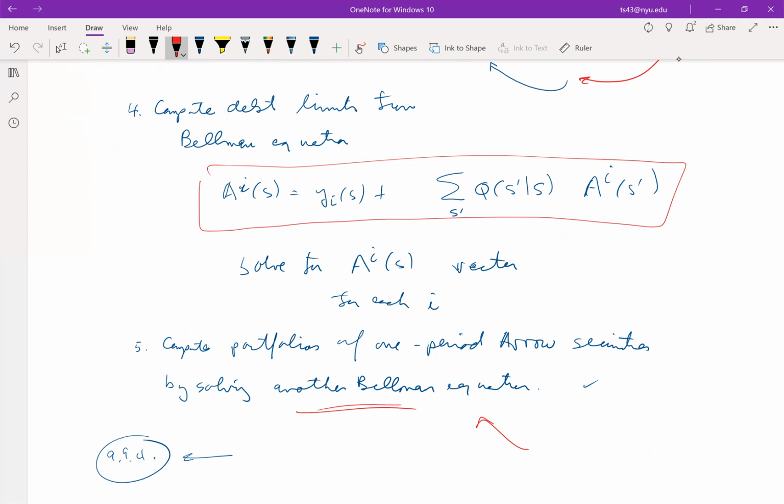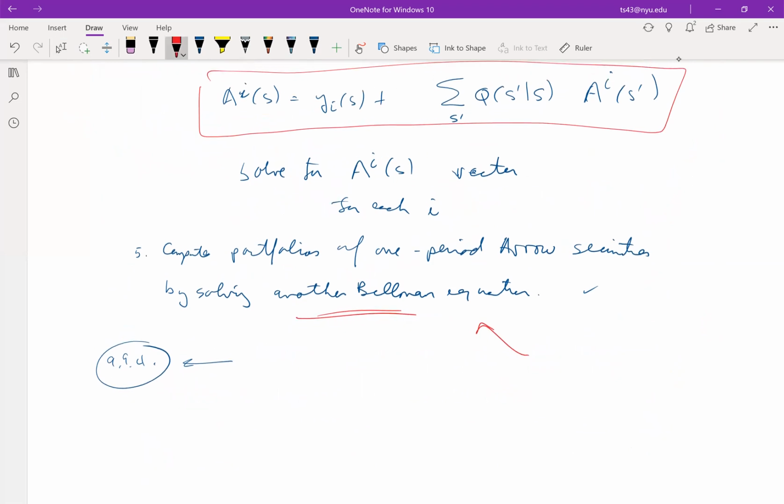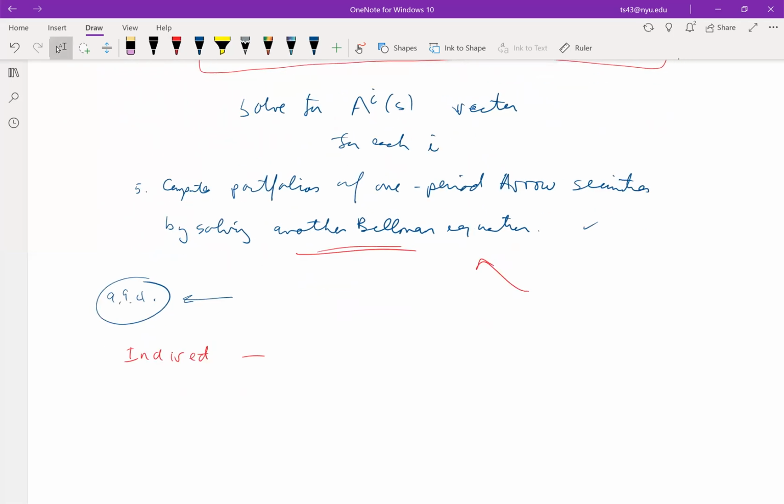So now I'm going to write down that Bellman equation and stare at it a little bit. Again, I'm going to use an indirect strategy. So first I'm going to compute continuation wealth.